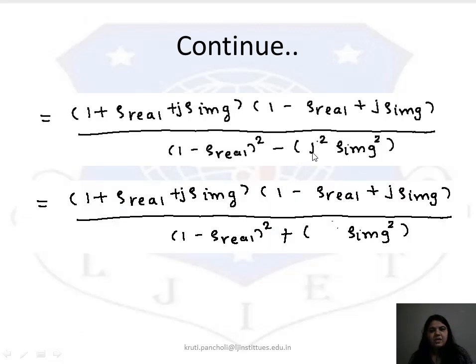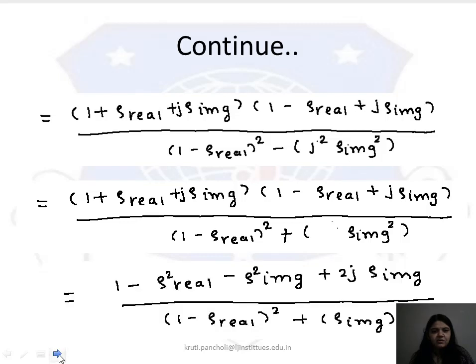Now by solving it, multiplying the two brackets, we have the answer. It is 1 minus rho real square minus rho imaginary square plus 2j rho imaginary, upon 1 minus rho real square plus rho imaginary square. Separating out the real and the imaginary parts and equating them with the real part, that is R the resistive, and the imaginary part, that is X the reactive.